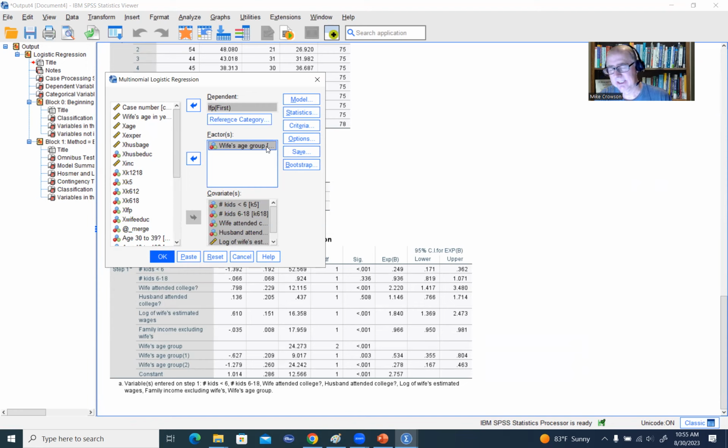You could do that. Or you can just create your own dummy variables and include those in the covariate box instead of including the age category variable up here. Those are some options that you have available if you wanted to go that route.